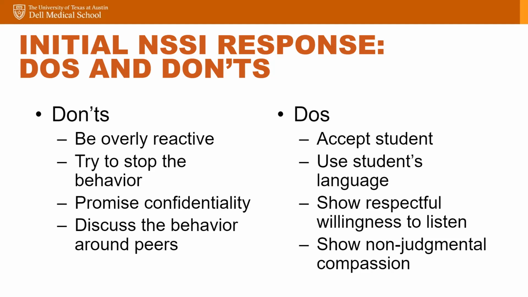It can be scary to find out that a youth is engaging in this behavior. But oftentimes the initial response that youth have from a trusted adult, from a caregiver, from a teacher, from a school counselor, from a school social worker or provider or therapist can paint the picture of what future intervention and what disclosure can look like.